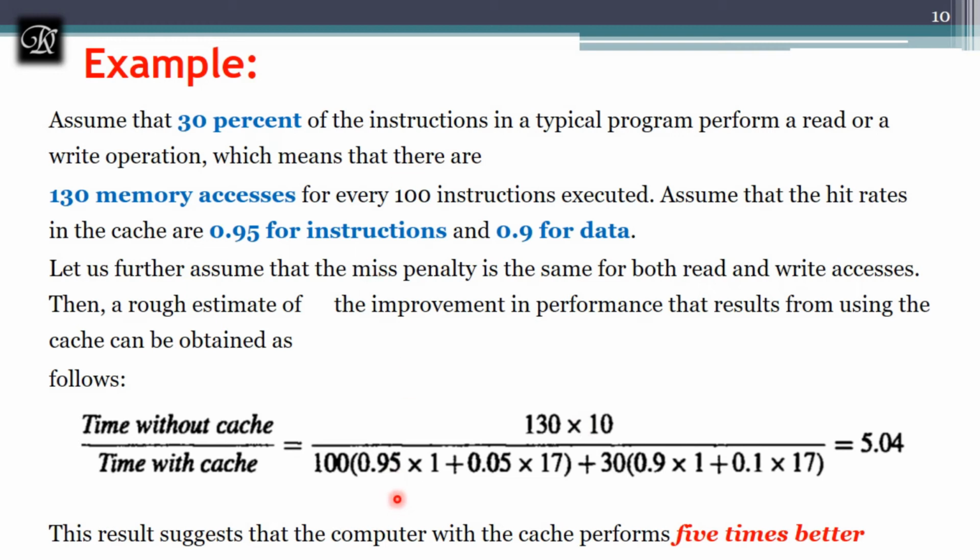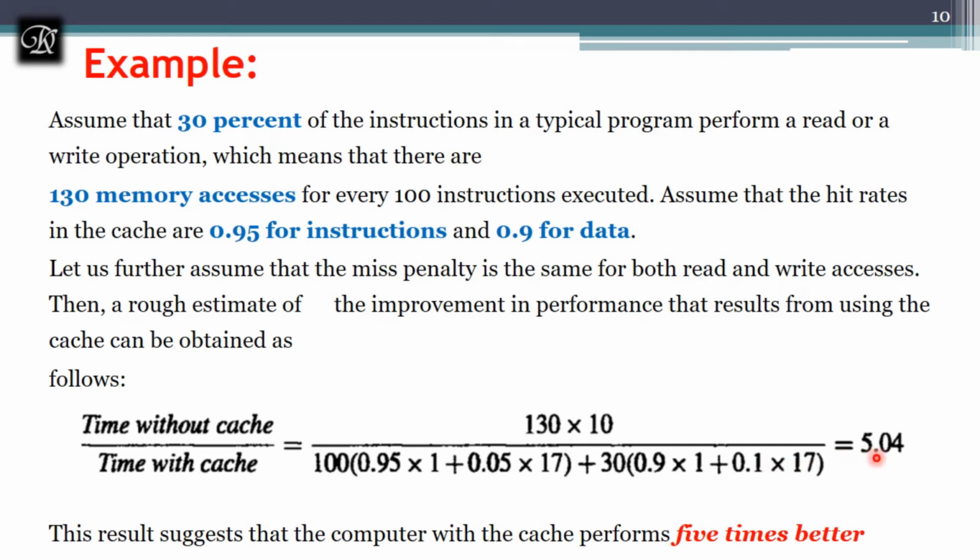Out of 100 instructions, we have 0.95 hits in the cache plus the remaining 0.05 misses times 17, where 17 is the interleaved clock cycles for the processor. The remaining 30 out of 100 are data operands, which take 0.9 times 1 for hits in the cache, plus the remaining 0.1 times 17 clock cycles.